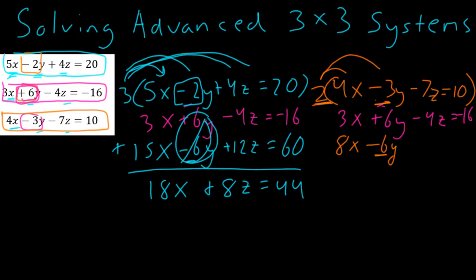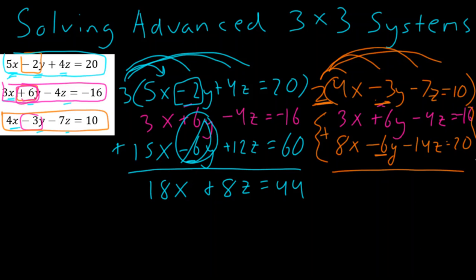Remember, that was what we were looking for. I have 2 times negative 7, which is negative 14z. And of course, guys, 2 times 10 is 20. Sorry, I get ahead of myself sometimes. Now remember, we are now going to add these two equations, and 3x plus 8x is 11x.